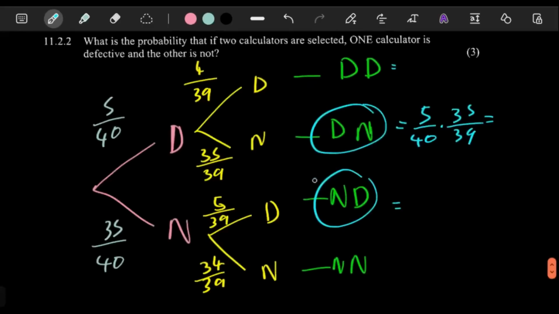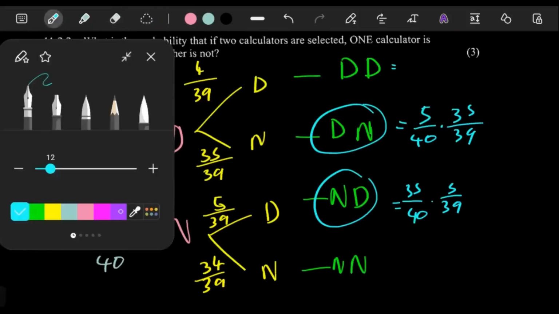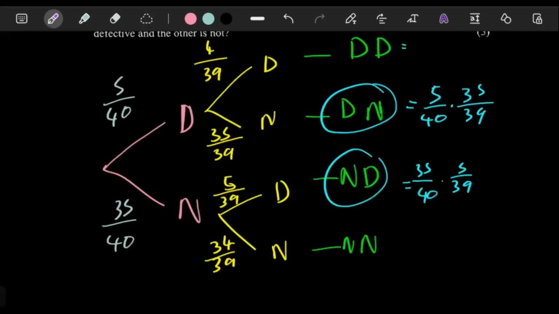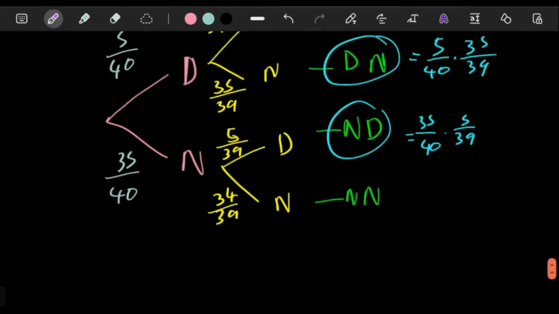And then for this one, it's going to be this multiplied by the previous one. So these 2 probabilities are what we need to add up to find our answer. That's what we need to keep in mind when we're doing things like this. You see, it's not crazy, it's not anything out of our reach.